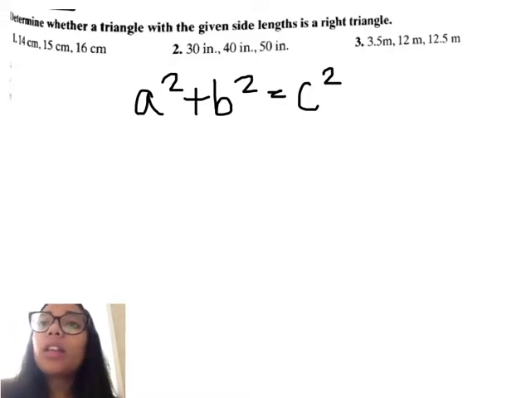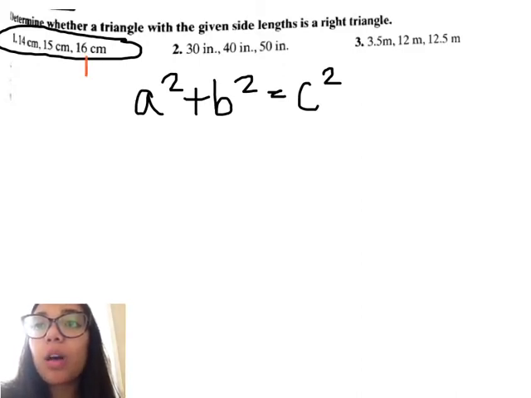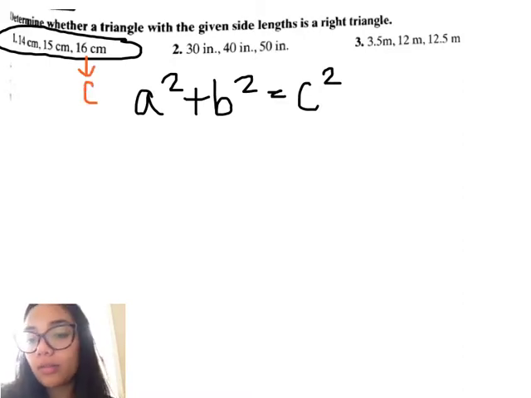How do you know which one's A, B, or C to plug in? Well, A and B do not matter as far as which one you choose for them, but C does. C is always going to be your longest measure, and that's what I said in the beginning. So 16 will be C because it's my longest measure.